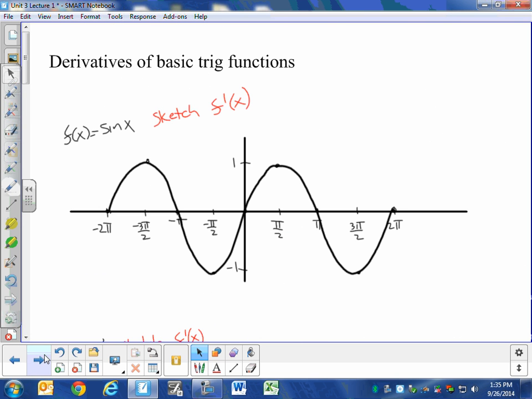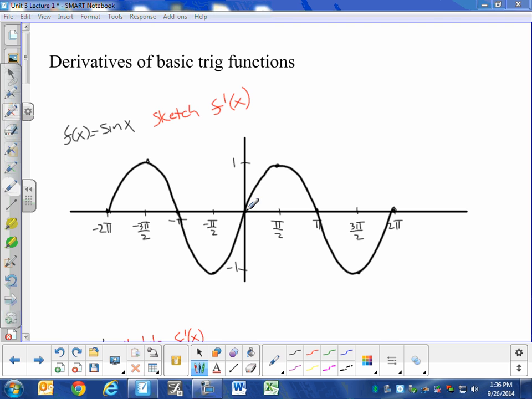Now let's talk about the derivatives of basic trig functions. Here I have sketched the graph of the sine of x. Sine of x is in black. I'm going to sketch in red f prime of x, right on top of it.